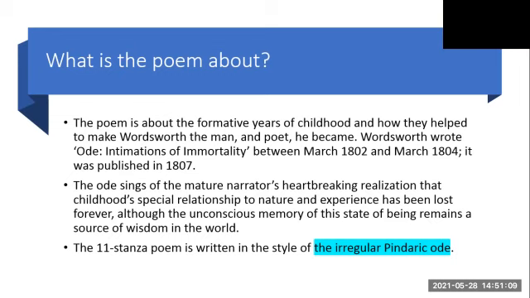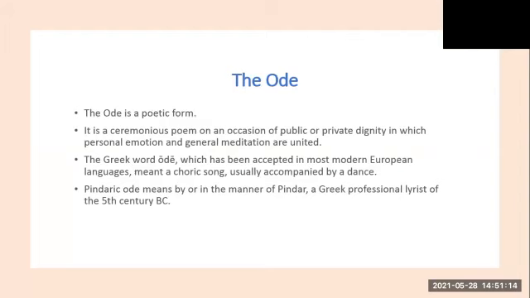What is the meaning of ode? The ode is a poetic form. I'm sure you know there are poetic forms like ode, a lyric, a sonnet. So the ode is a poetic form.